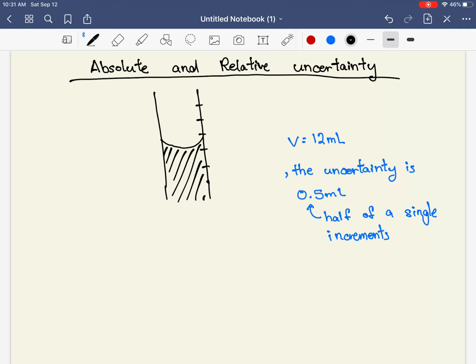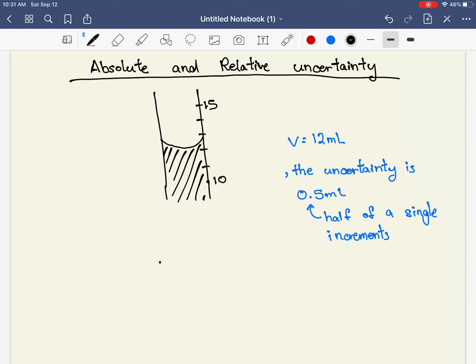So let's go back to what I had before. What does this 0.5 mean? We know for a fact that this volume right here is 12 milliliter, but as I said, you're not sure if this is dead on 12.